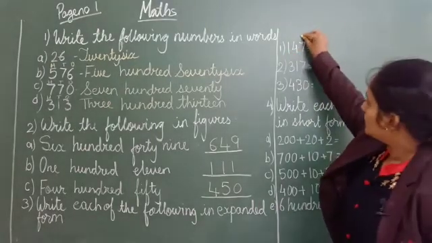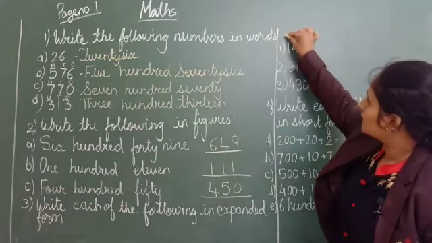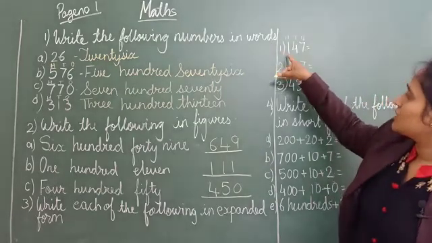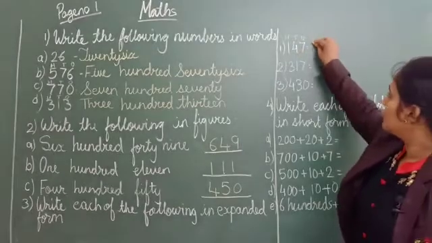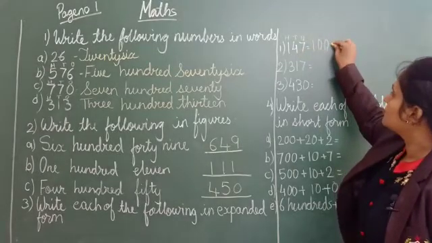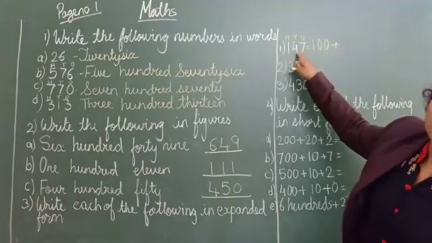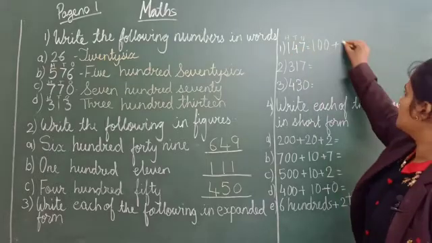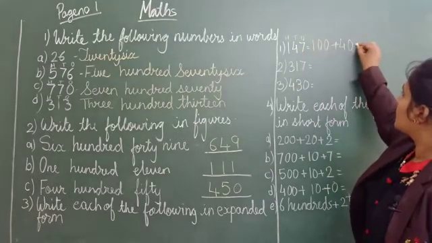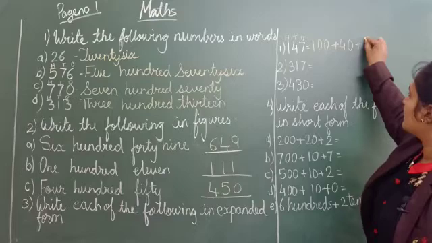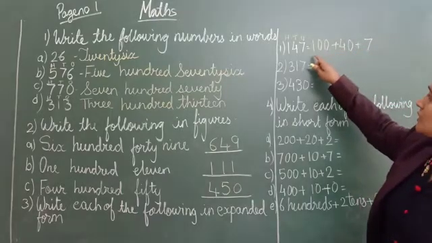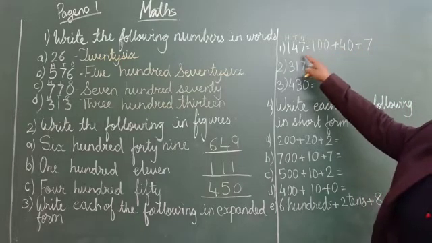Like ones, tens, 100. So what is the value of 1 over here? We have 100. What is the value of 4 over here? 40. What is the value of ones? 7. So 147.